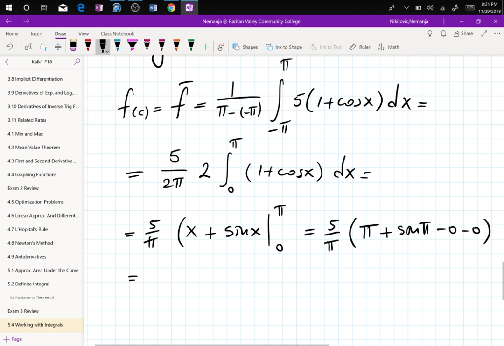And sine pi is also 0, so the average value is 5, which makes sense if you have a wave that is 10 feet tall from the bottom to the top, to be in the middle at 5.